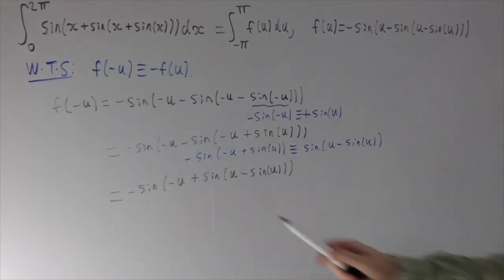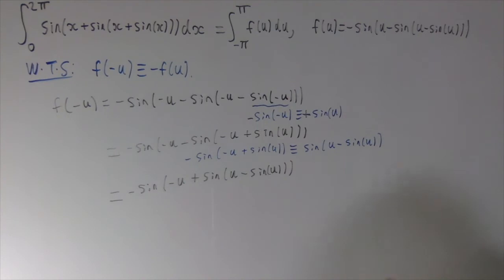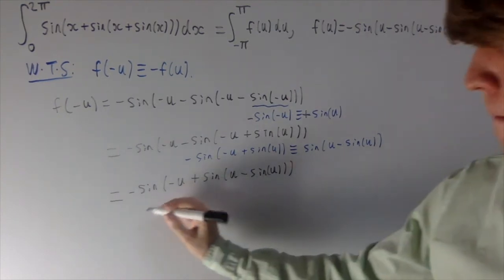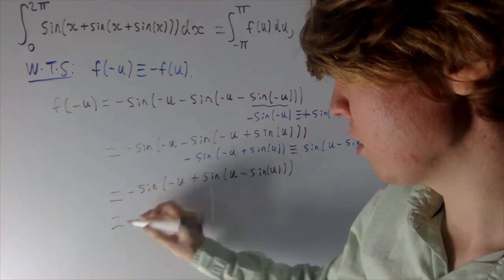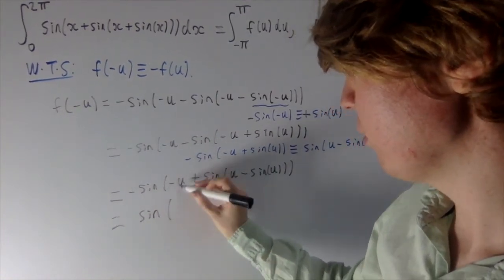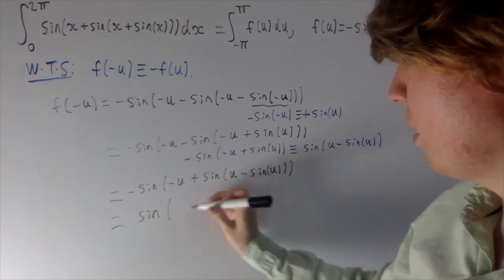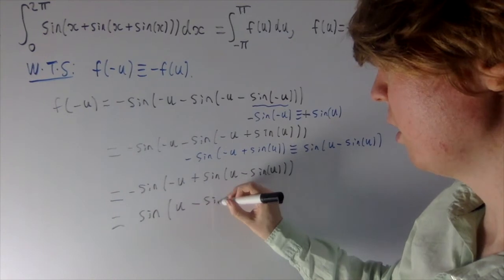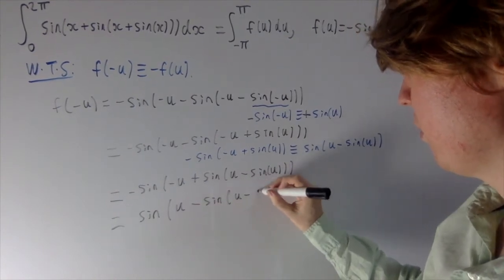Okay, so just one more step then. I've got minus sine of minus u plus all of this. So I'm going to write this as positive sine of, so I make everything inside the function negative, so this becomes positive u, and then take away all of this stuff.